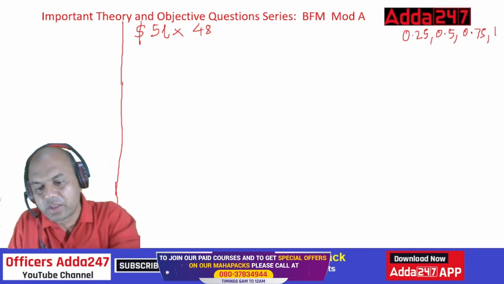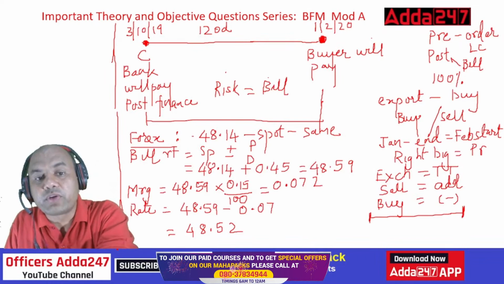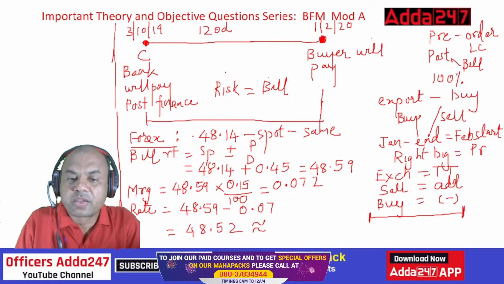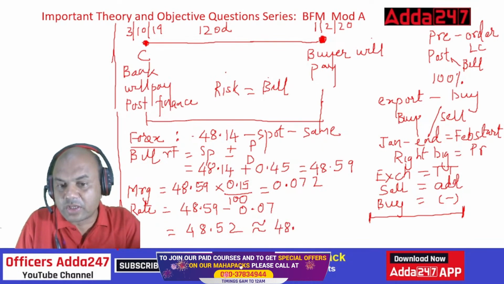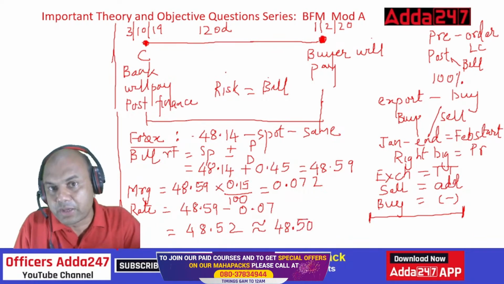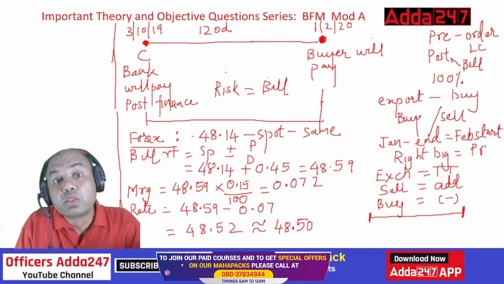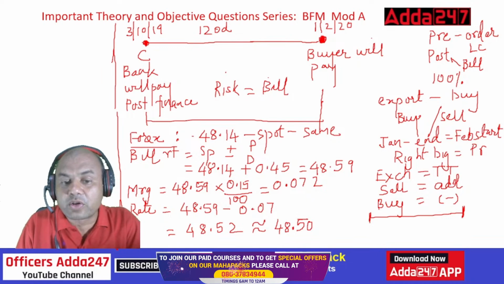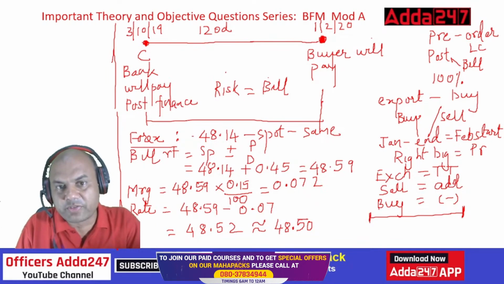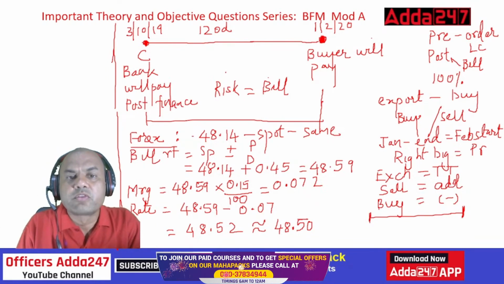So what is my rate over here? 48.52. So what is the nearest 0.25 to this? It is 50, right? So I'll be using 50. And always remember, whenever you are using the buy rate, always round it off to the lowest near. Somebody can round 48.52 to 48.75 also, because 75 is also near, and 50 is nearer.